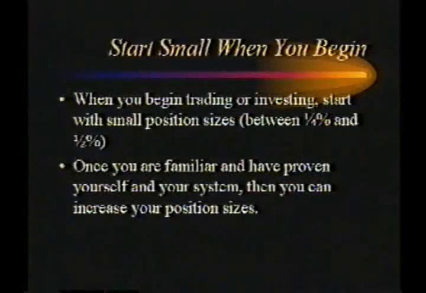I also recommend that when you begin, you start very small. Start with small positions like 0.25% to 0.5%. And you know, if that means you only have a $20,000 account, and so you can only risk $100 or $50, and you're buying a $50 stock with a $5 stop, you can only buy 10 shares.